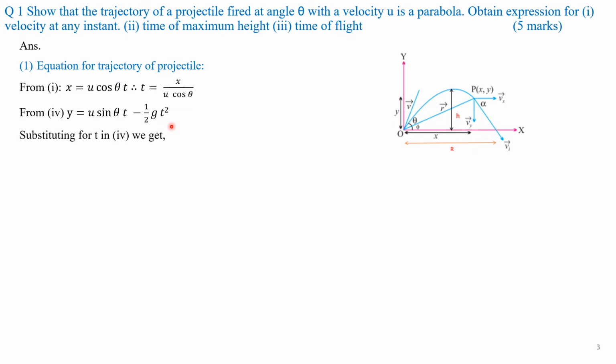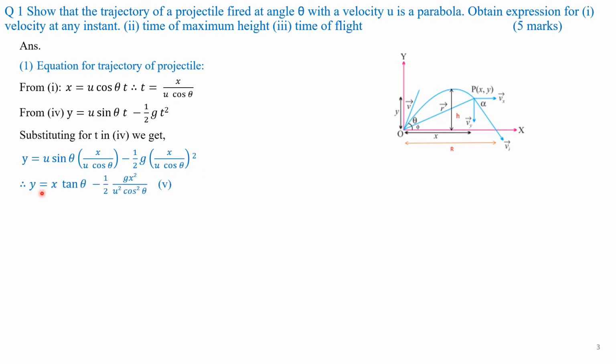Now we will substitute for t in equation 1. That is, t is equal to x over u cos theta. Therefore, y becomes y is equal to u sin theta into x divided by u cos theta minus half g into x divided by u cos theta whole square.